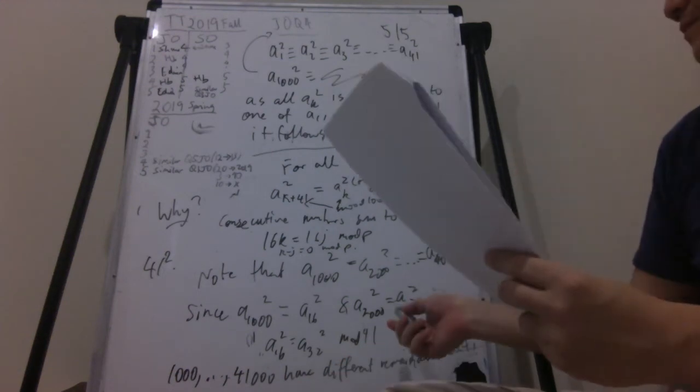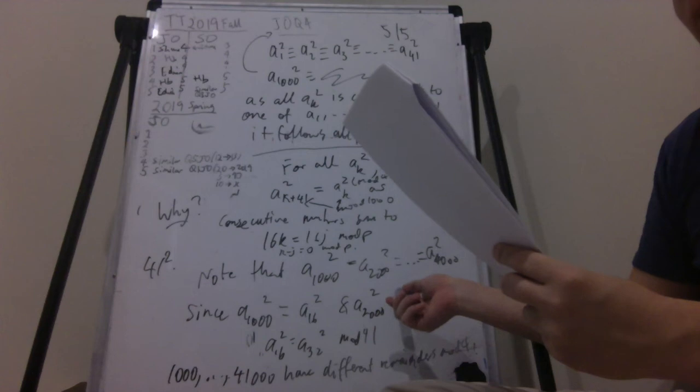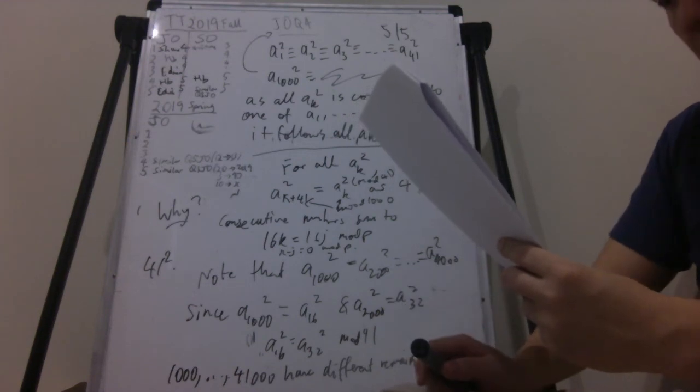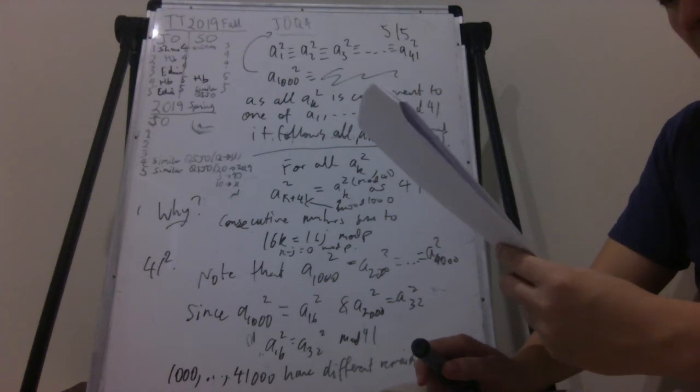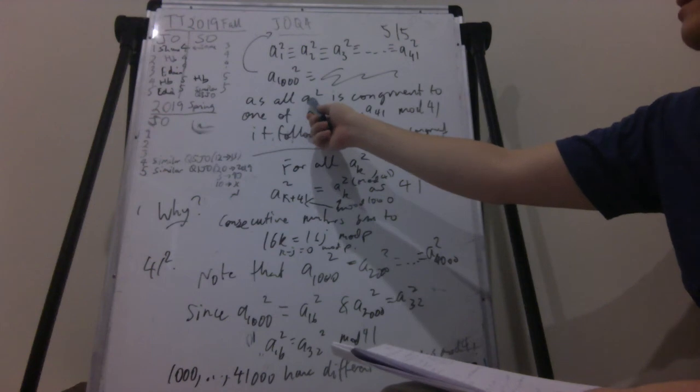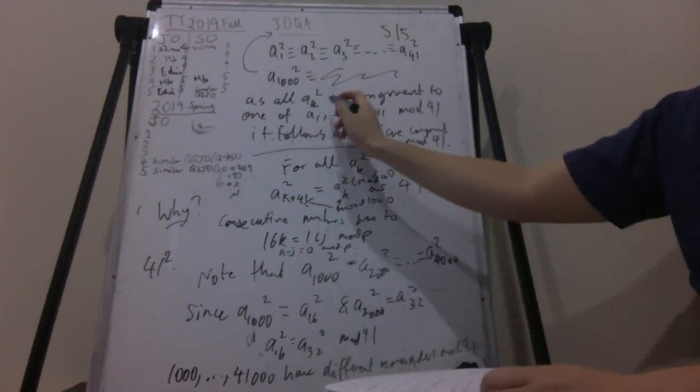Okay, so they're all equal. Yeah, so I guess this should really say as all the 1000k, right? That's what you really want to say here, yeah? You want to say 1000k.